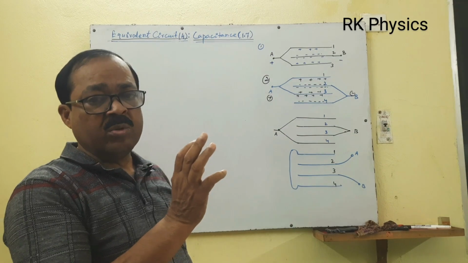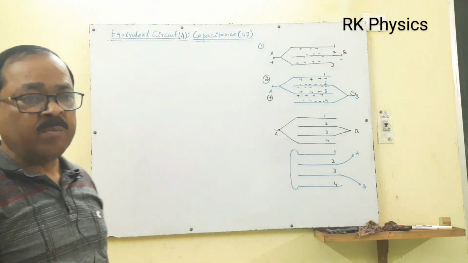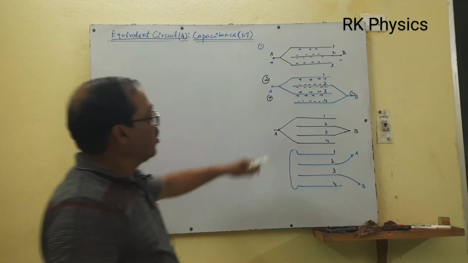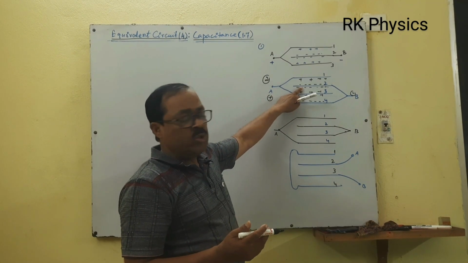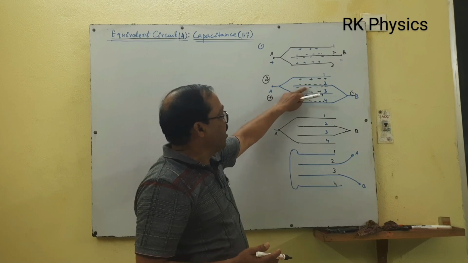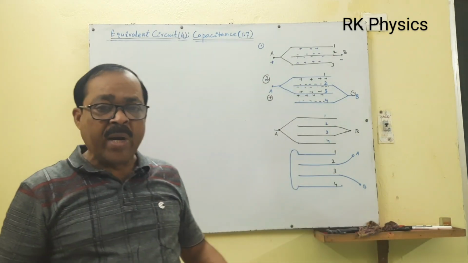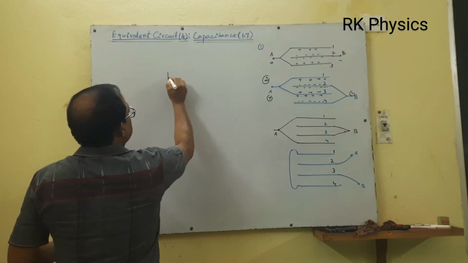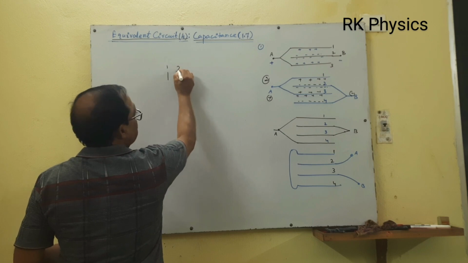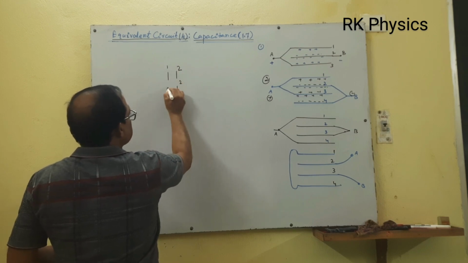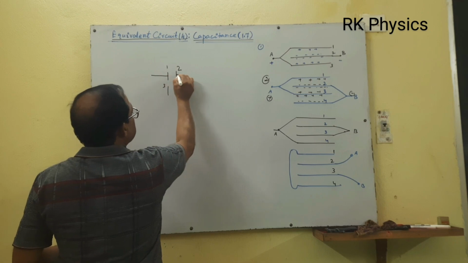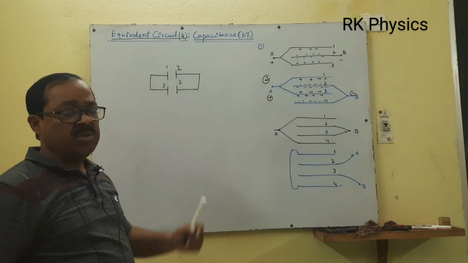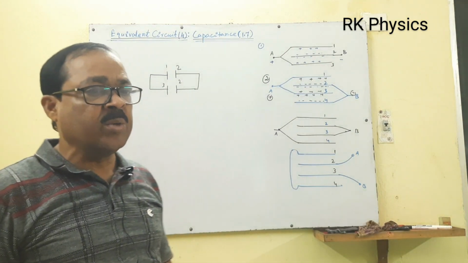Now, to write the equivalent diagram, first take 1 and 3. Plate 1 with 2 is one capacitor, and 2 with 3, minus minus, are joined. Therefore 1-2 and 3-2 are in parallel. 1 and 3 are positive and the 2 plates are negative.